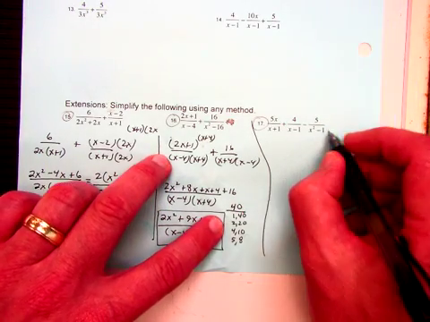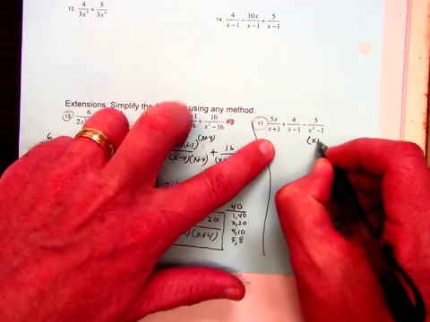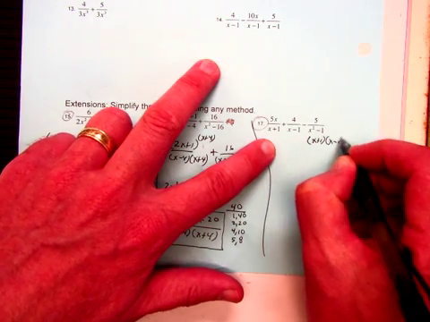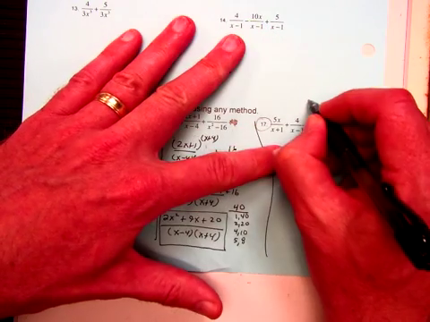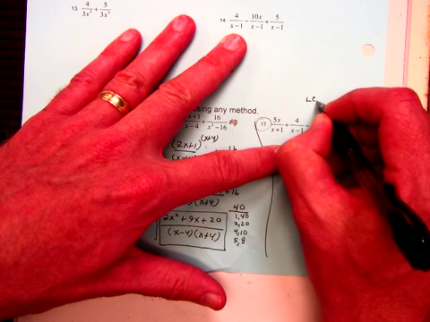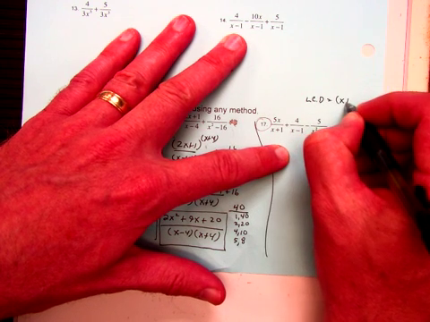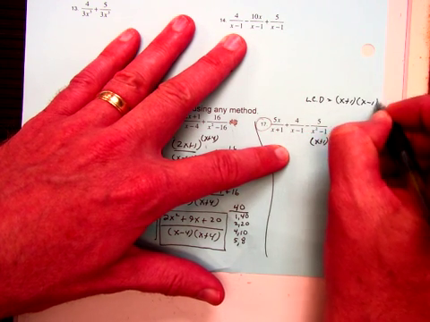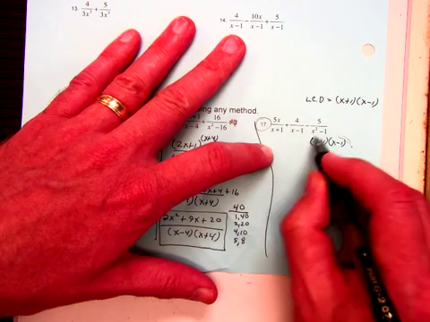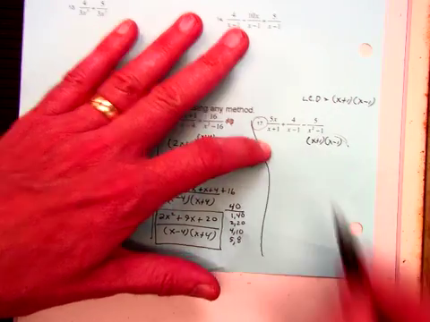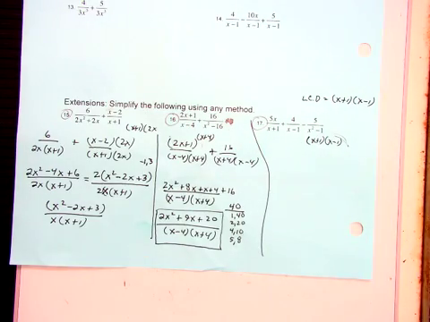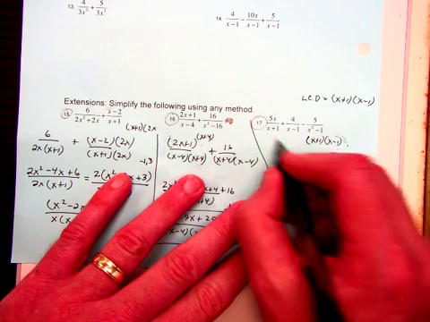Okay, I'm just going to factor this off to the side. That's x plus 1 times x minus 1. So what is our common denominator? Our LCD, our least common denominator, is x plus 1 times x minus 1. So this one already has the common denominator. This one we need to do some work on. Okay, or these two.